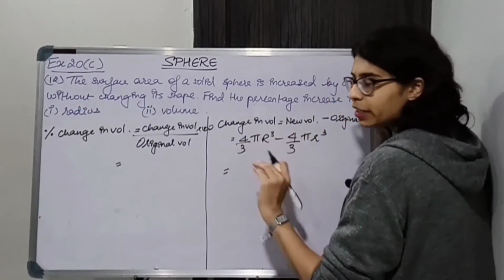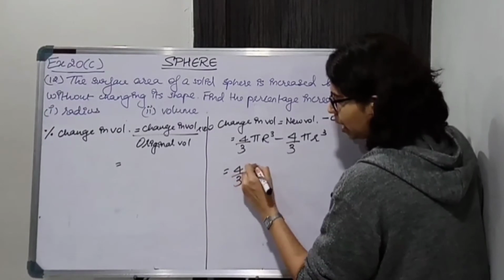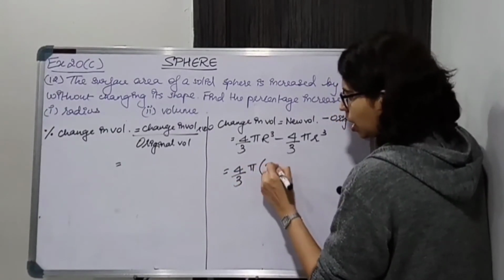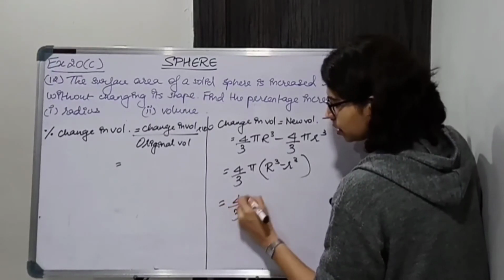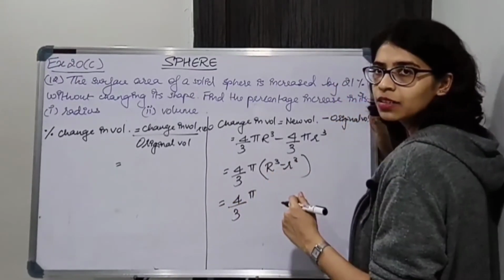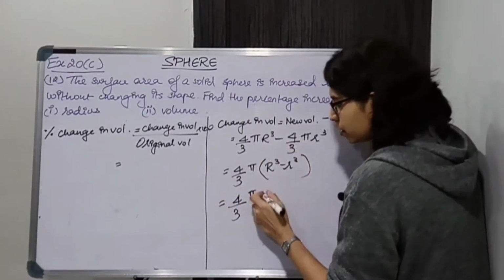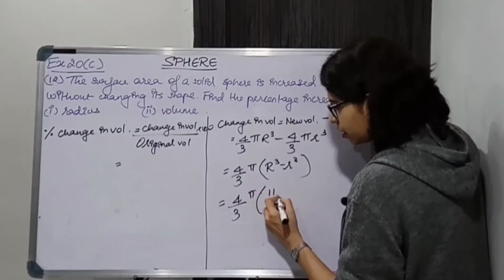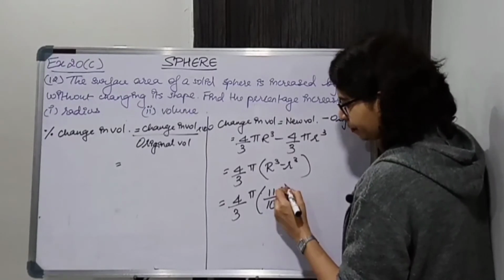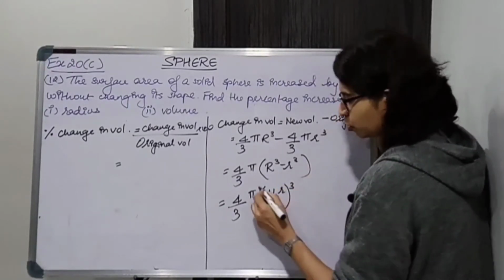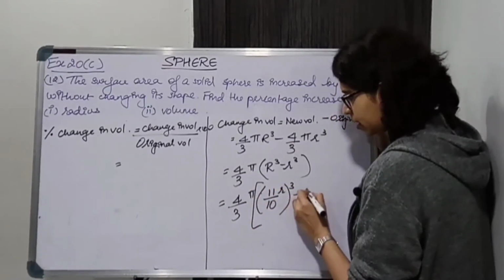I can take 4 by 3 pi common, so 4 by 3 pi, R cube minus r cube. Now what is R? 11r upon 10. So 11r upon 10, this whole thing का cube, don't forget this, minus small r cube.